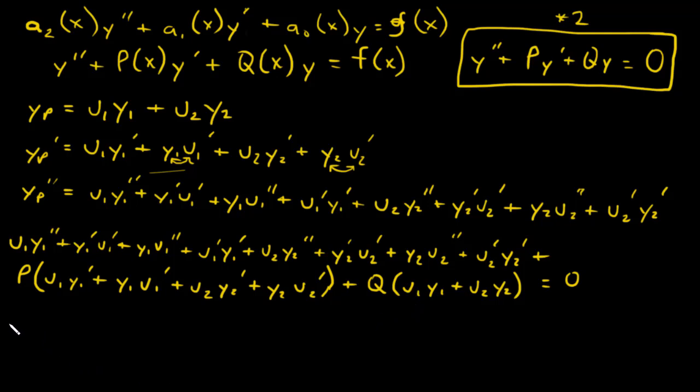If I factor out the u1s, I'm going to get u1 times y double prime, and then the next one is right here, plus p y prime, and then the next one's here, plus q, by the way, that was y1, don't want to forget those, q y1.